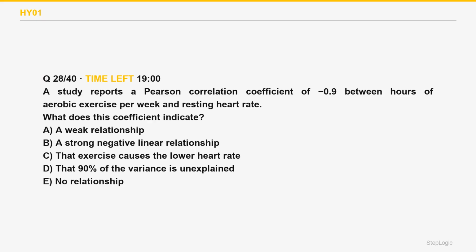What does this coefficient indicate? R equals -0.9, between hours of aerobic exercise per week and resting heart rate.